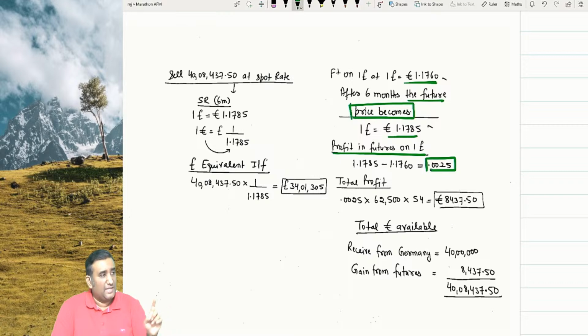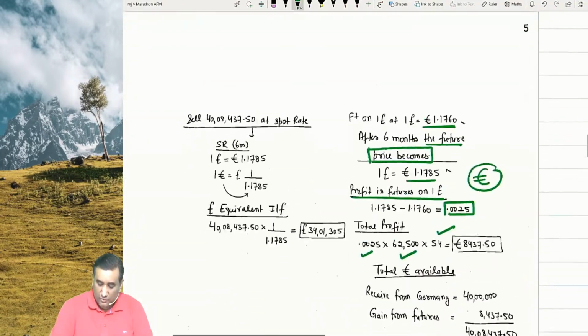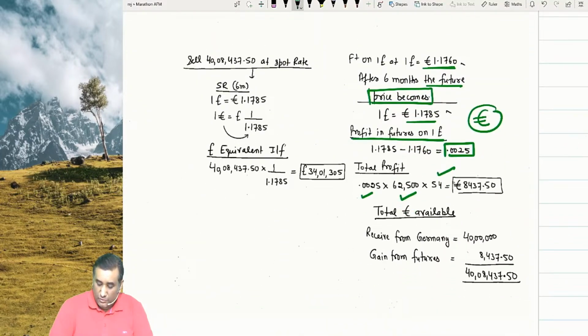Profit in the futures on 1 pound is 0.005, and as per the future market, he says, I'll give you how much? 0.0025 in 1500, rounding off 50. So you'll get extra euro from the future market, and 40 lakh you'll receive from where?